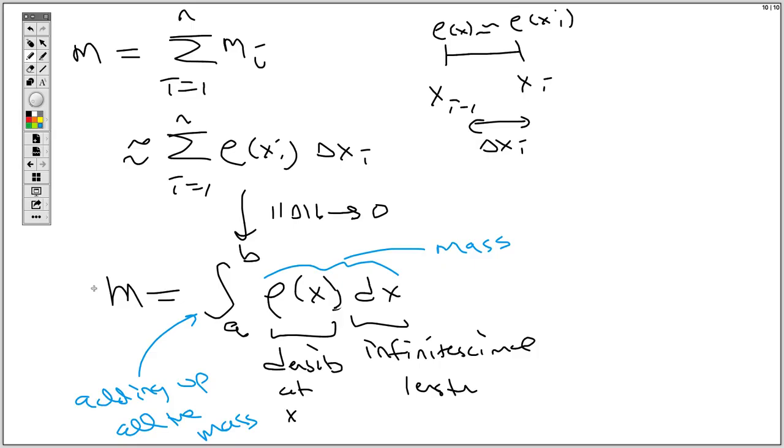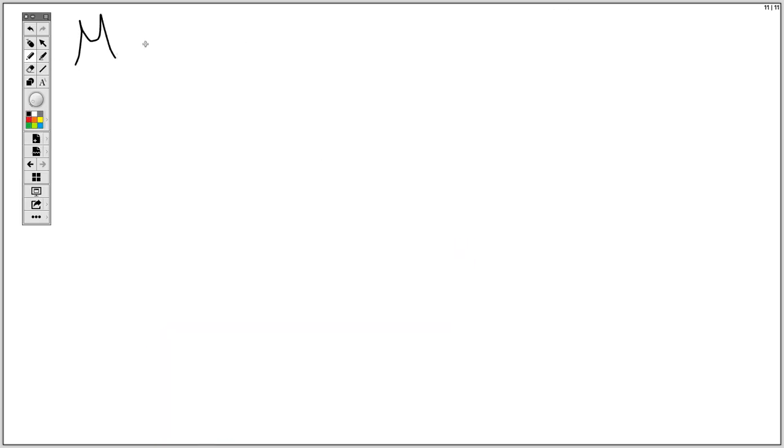Now, to get the total moment, you do the same kind of thing. Moments are additive.